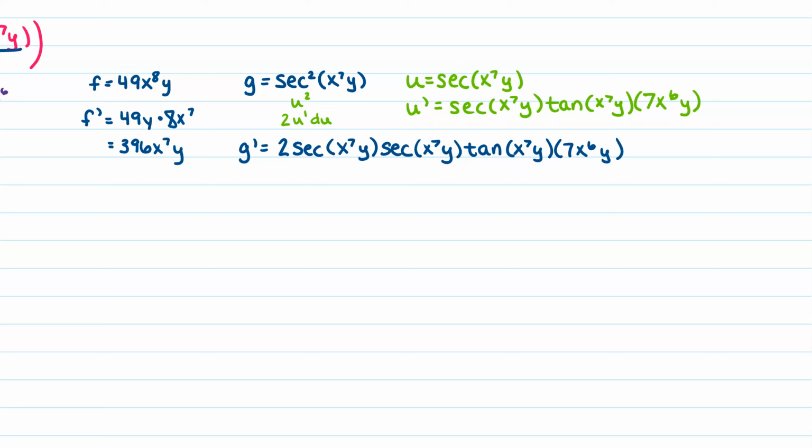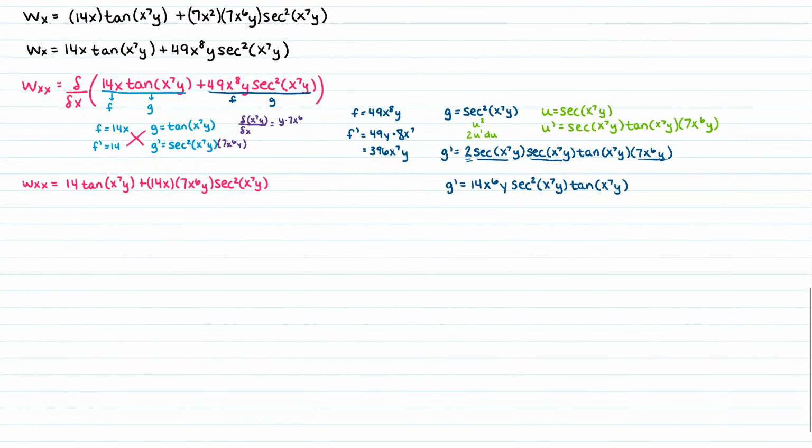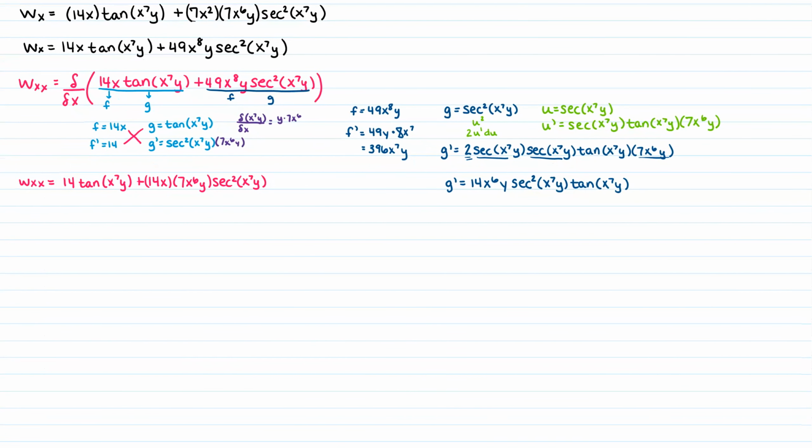And the only things we could even kind of put together are the 2 and the 7x to the 6th y. So the g prime that I'm going to use is 14 x to the 6th y secant squared of x to the 7th y, right? Secant times secant, and then times tangent of x to the 7th y. So all that work, and we still need to do f prime g plus g prime f.